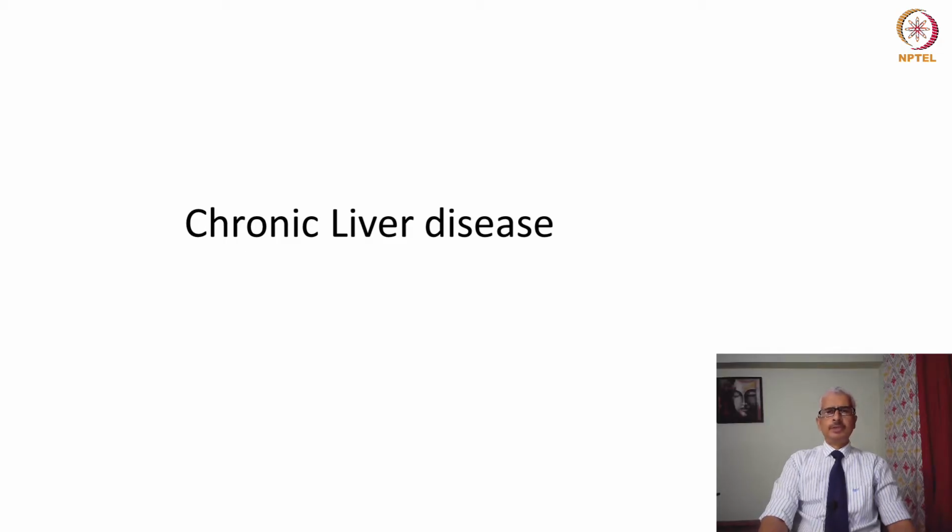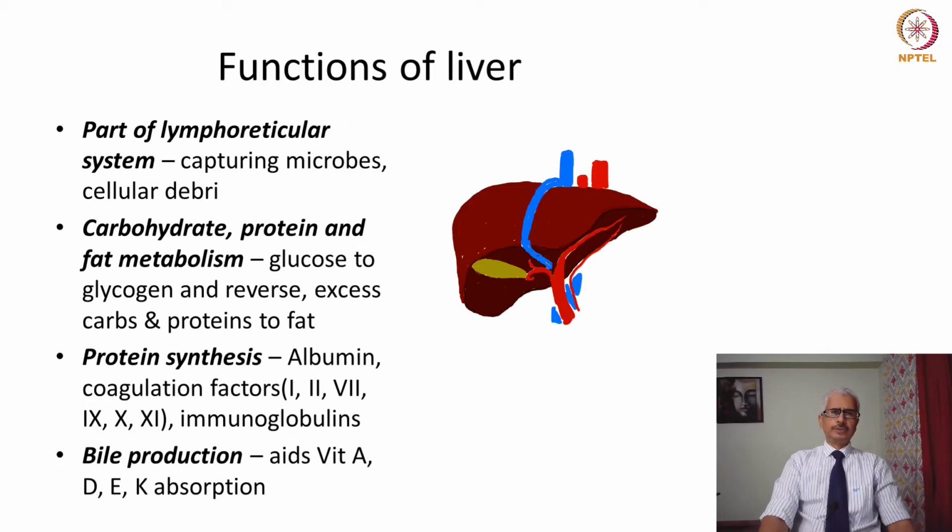This repeated process of inflammation, destruction, and regeneration leads to fibrosis of the liver and reduction in the parenchymal elements of the liver, and this causes reduced function. Cirrhosis is the end stage of CLD. So, when the patient reaches the stage of cirrhosis, most of the liver function is lost.